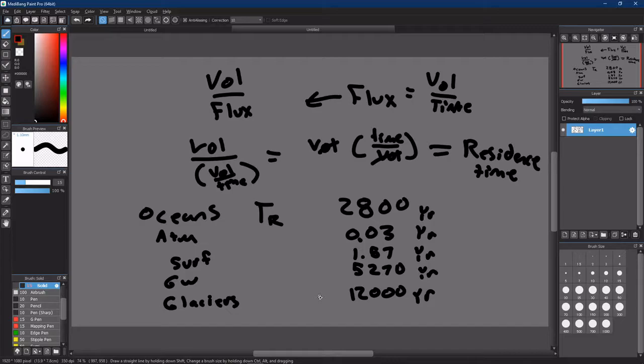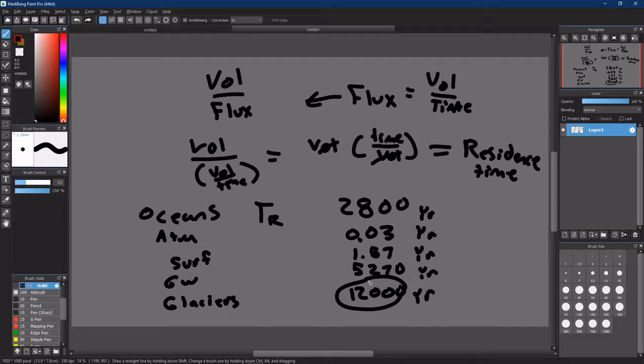Whereas glaciers have about 25 million cubic kilometers of volume, groundwater only has about 10.5 million. So you have a similar flux for over twice the size, so that's why you have such a high residence time for the glaciers. And that also answers 21. Which reservoir has the shortest residence time? That's the atmosphere. Which has the longest? That would be glaciers.